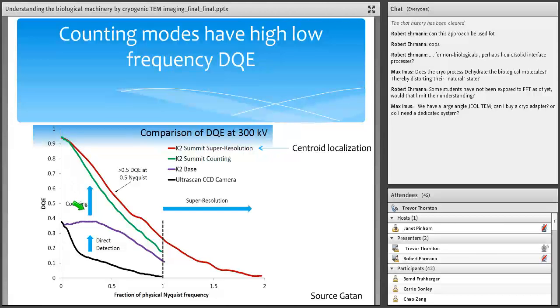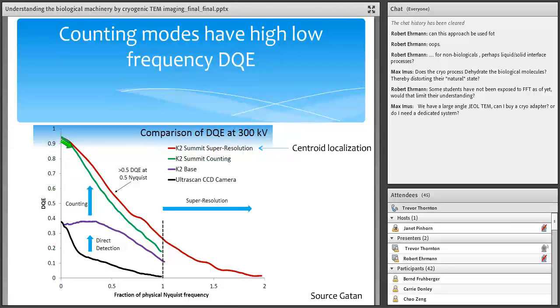But it requires you to have a very low flux of electrons, or very few electrons per second. So if you think about a rainstorm, when it's raining very lightly and there's a puddle, you can see each individual raindrop in that puddle. But when it really starts to pour, you can't tell where the individual events occur. So what we have to do is have a very light rain of electrons on our specimen. But what that does is put us way up here at low frequencies.